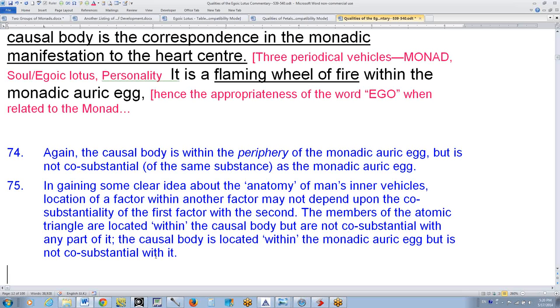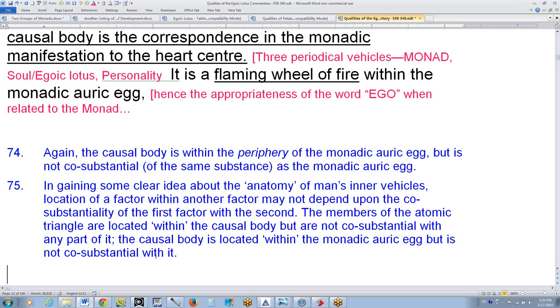So we can have the idea of enclosure occurring when different vibratory rates are involved. The highest vibratory rate will be, in this particular setup, the vibration of the monadic auric egg. The triadal vehicles will also be included at some point, and they will be of lesser vibratory frequency.